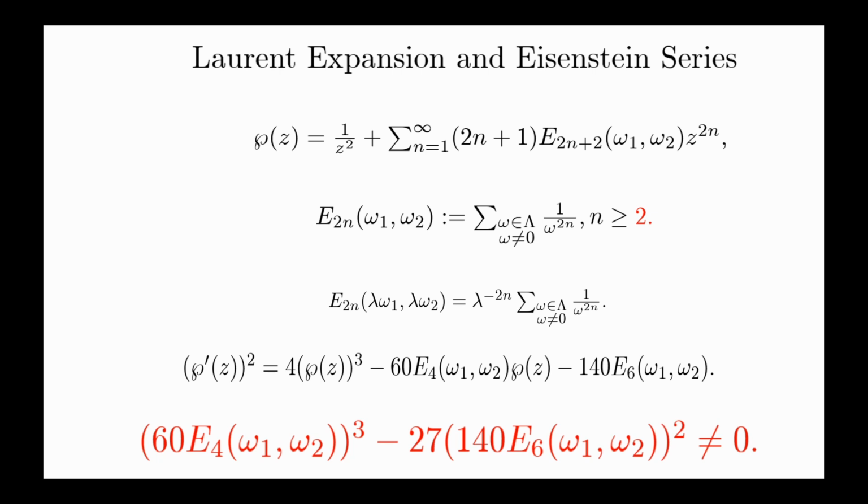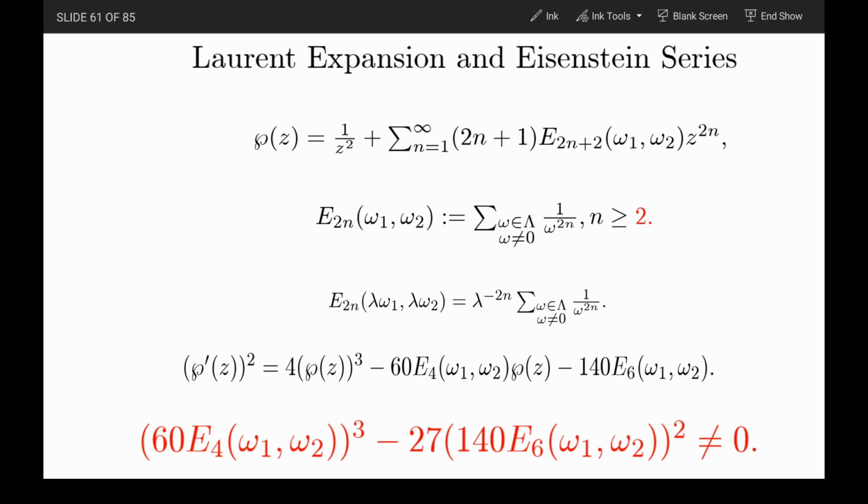So this expression in red is the discriminant of the cubic polynomial, and it is non-zero no matter how we choose our lattice, where omega 1 and omega 2 have non-real ratio. How we are going to use this fact is because when something is non-zero, we can divide by it.